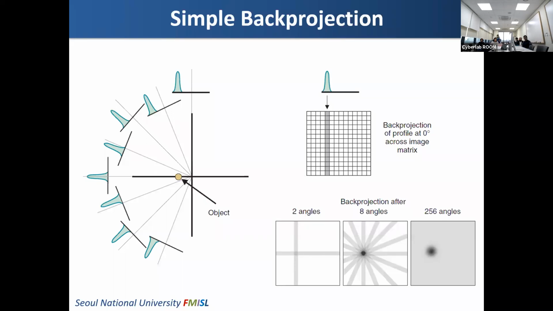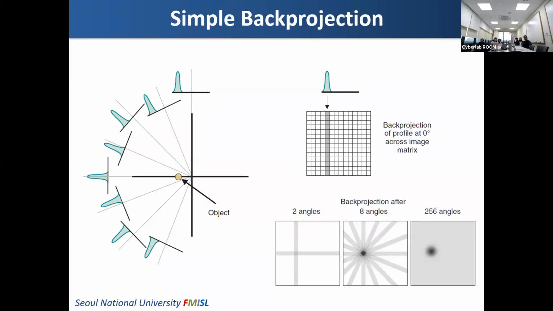With this line, we can say the point source exists in one of these pixels, but we don't know yet where it is located.